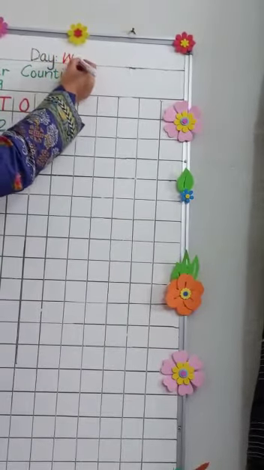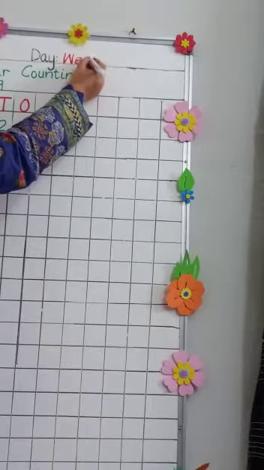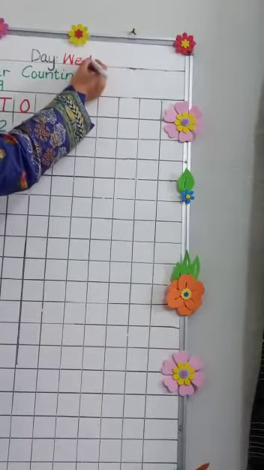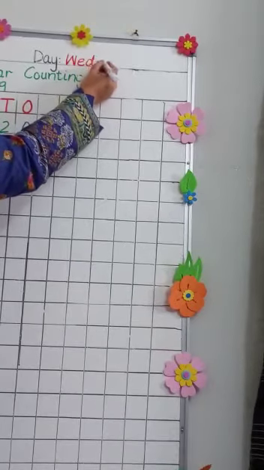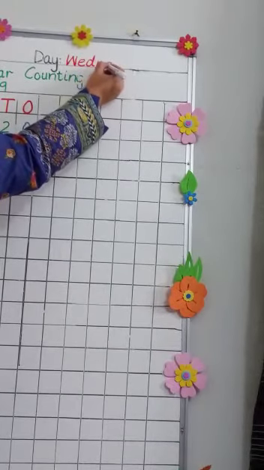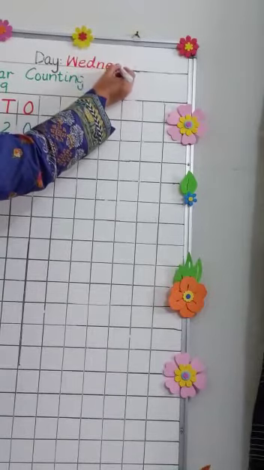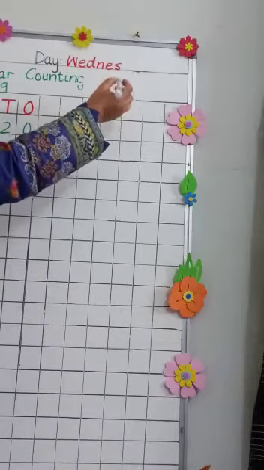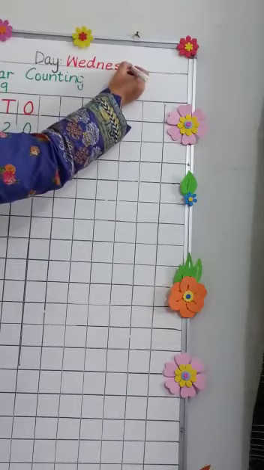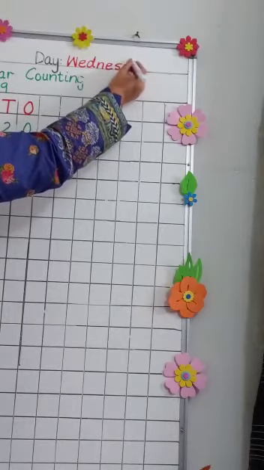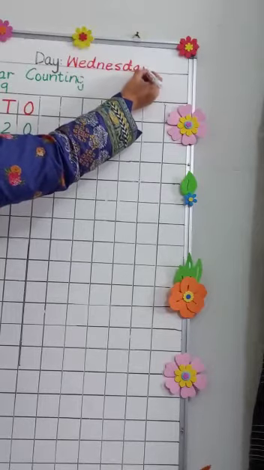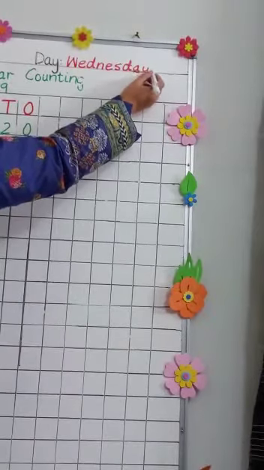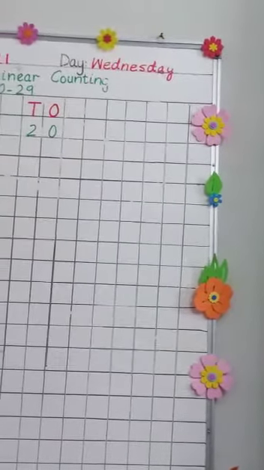W, E, D, wed. N, E, S, ness, wedness, and day you all know how to write, right? D, A, Y, day. Okay, so that's our day done.